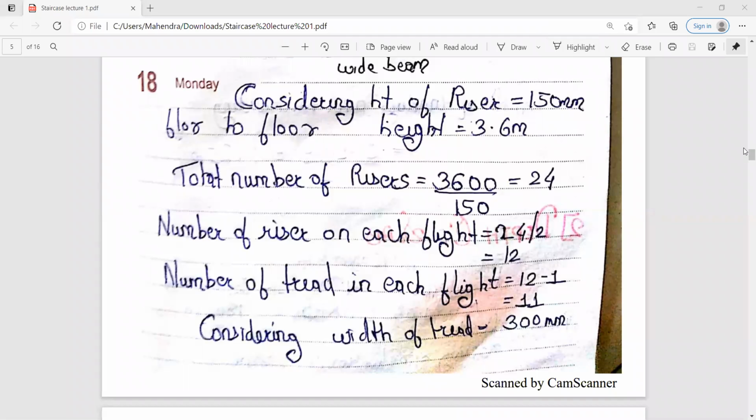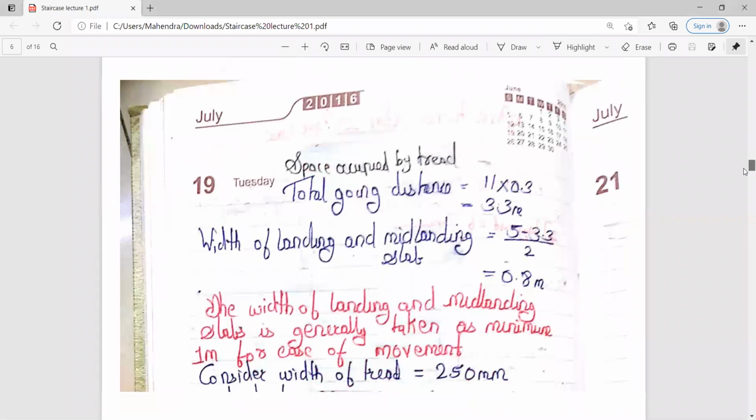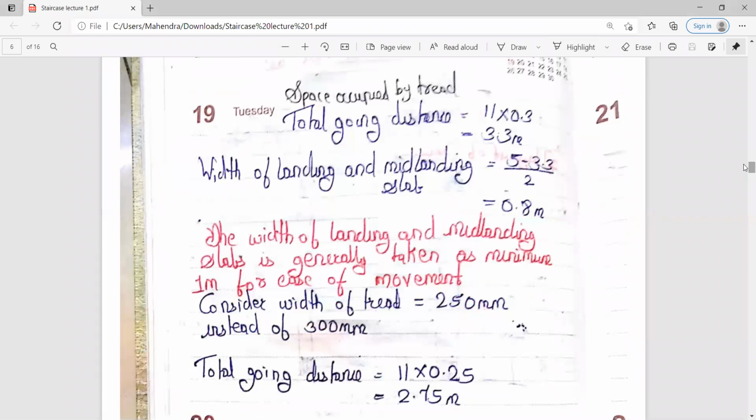So we had considered the width of tread as 300 mm. After that, you need to calculate the space occupied by the tread. मतलब आपको total going distance calculate करना है. So total going distance, how you will calculate? 11. What is 11? 11 is nothing but the total number of tread.